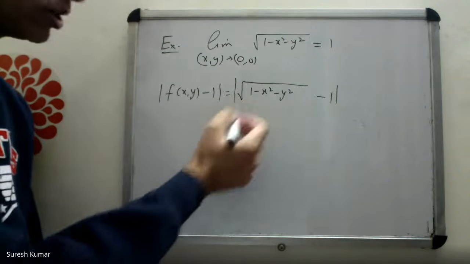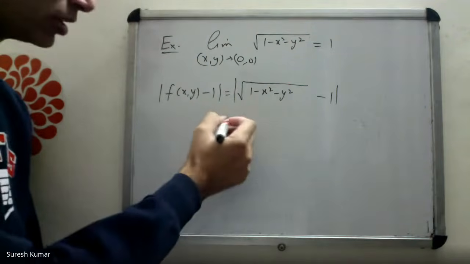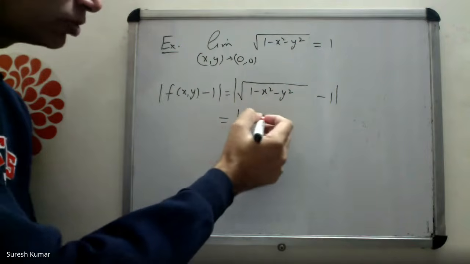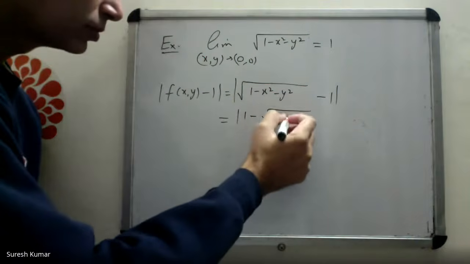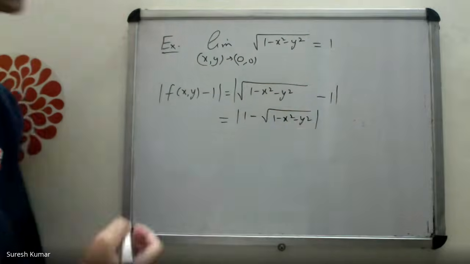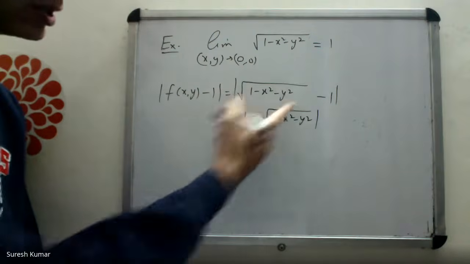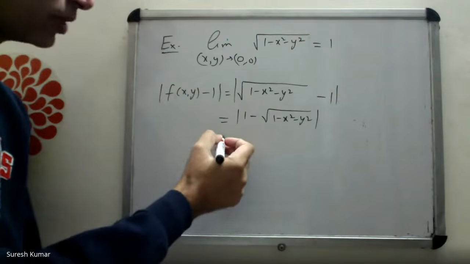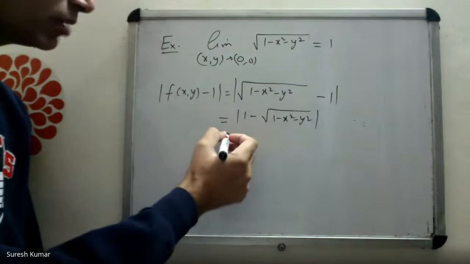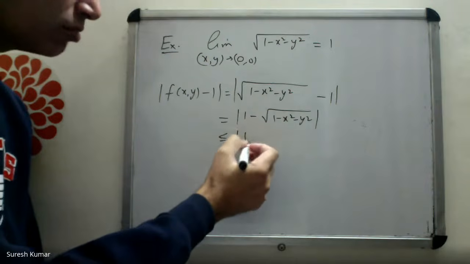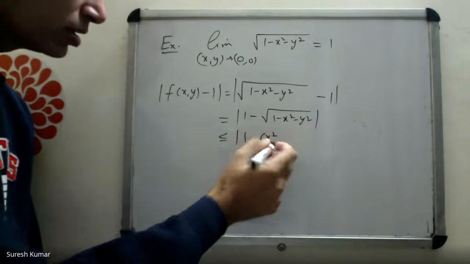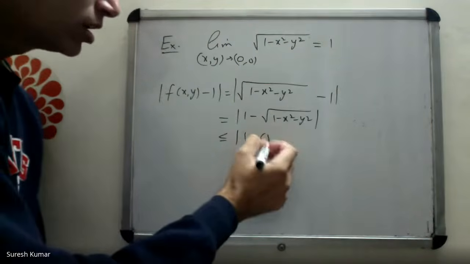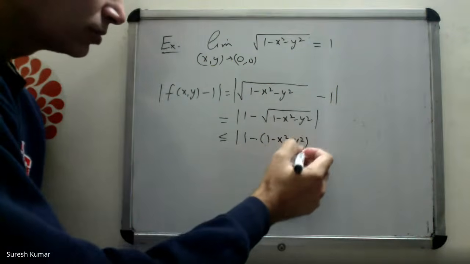Let's see a new manipulation here. How can we write the next step to get the delta neighborhood? See this. I can rewrite this like this. I've just taken minus out because of modulus. Now this can be written less than or equal to 1 minus x square minus y square.